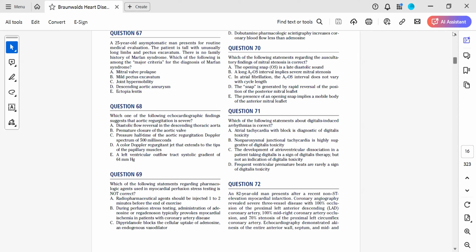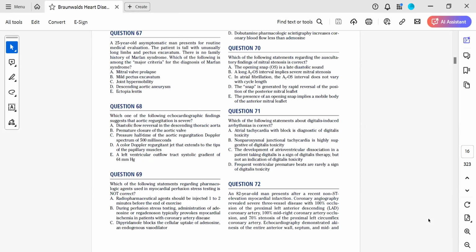Coronary angiography revealed severe three-vessel disease with 100% occlusion of the proximal left anterior descending coronary artery, 100% mid right coronary artery occlusion, and 70% stenosis of the proximal left circumflex coronary artery.